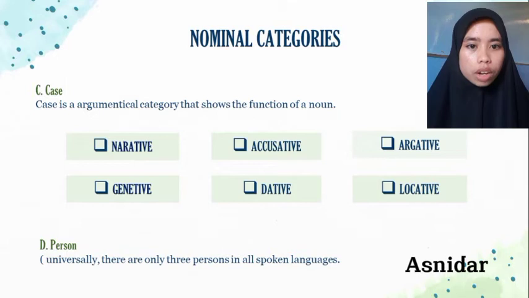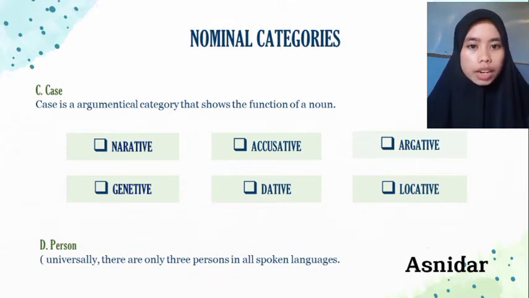The form of a noun or noun phrase which usually shows that it can function as the subject of a sentence. 2. Accusative. The form of a noun or noun phrase which usually shows that it functions as the direct object of the verb in a sentence.